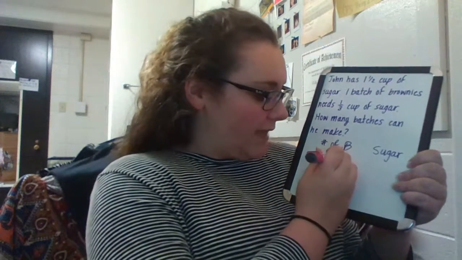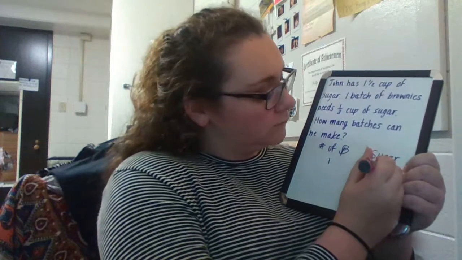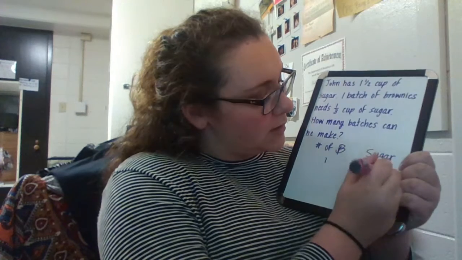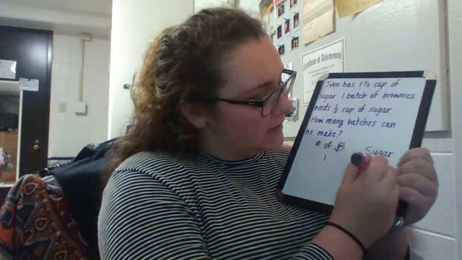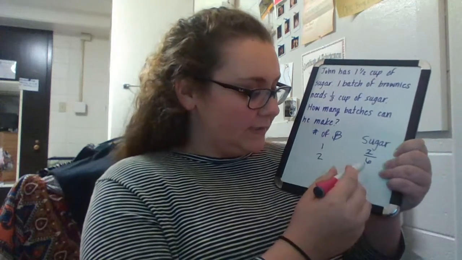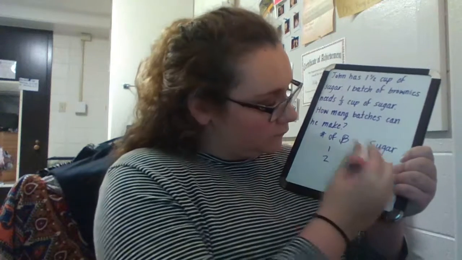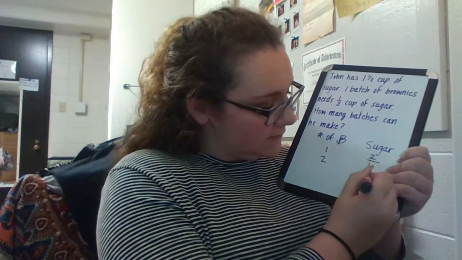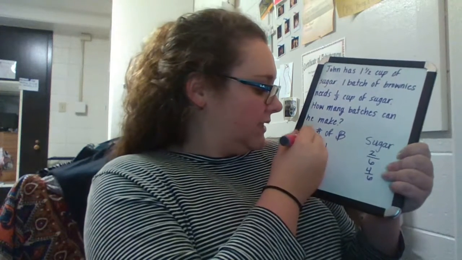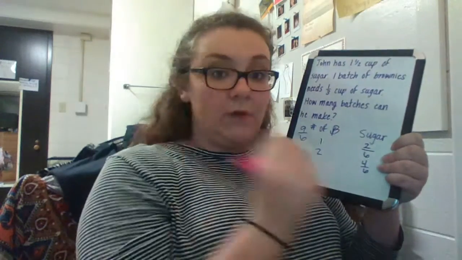Okay, so one batch we know takes 2/6 cup of sugar, and then 2 batches takes 4/6, and we're trying to get to 9/6 because that's equivalent to 1 1/2.